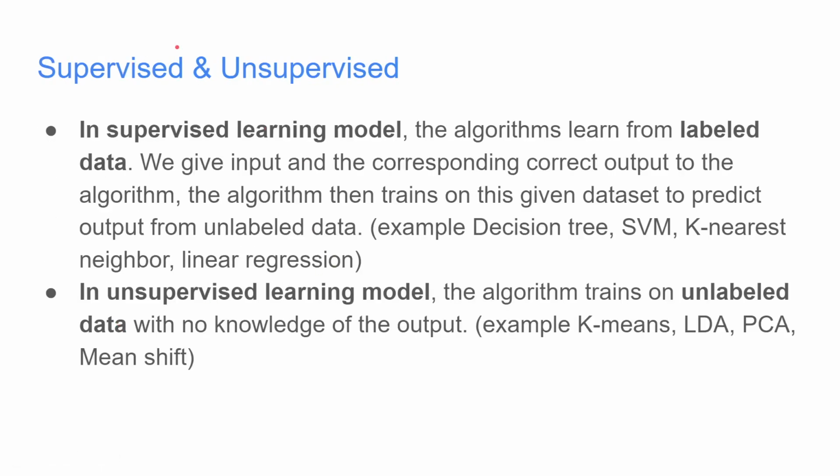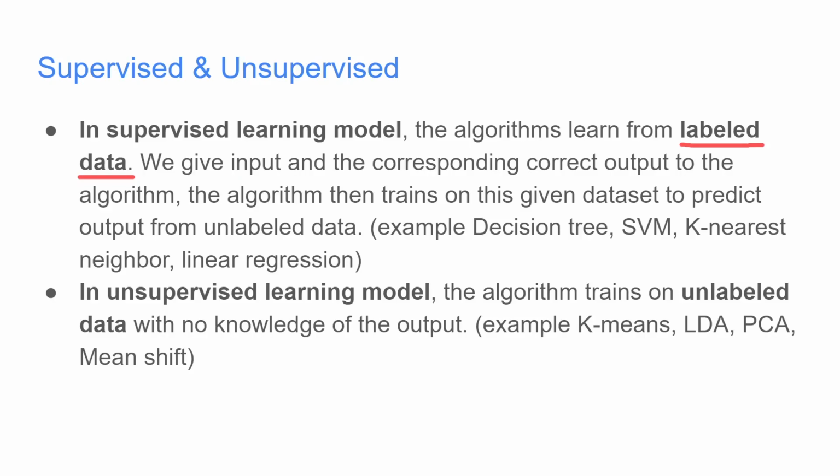Generally, supervised versus unsupervised machine learning algorithm. When it comes to the supervised learning model, the algorithms learn from labeled data. So in that we use labeled data. We give input and the corresponding correct output to the algorithm.